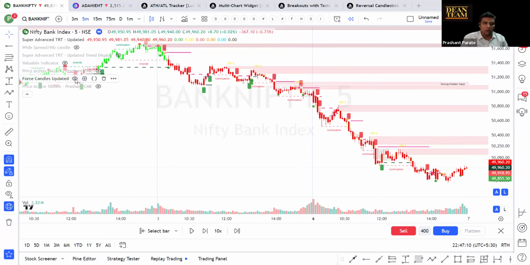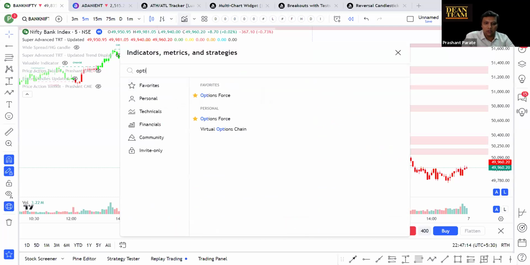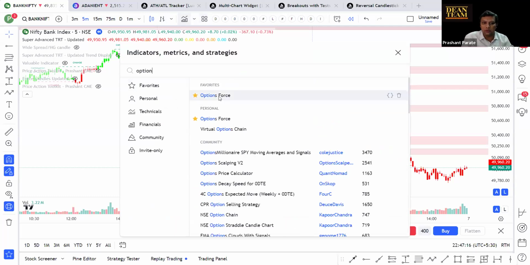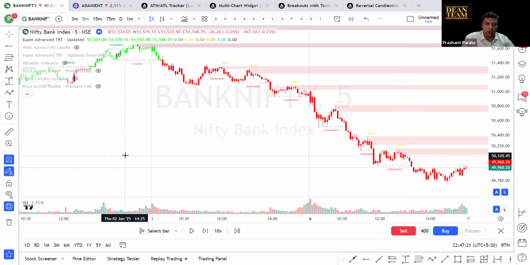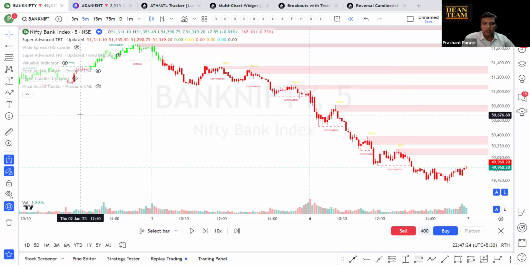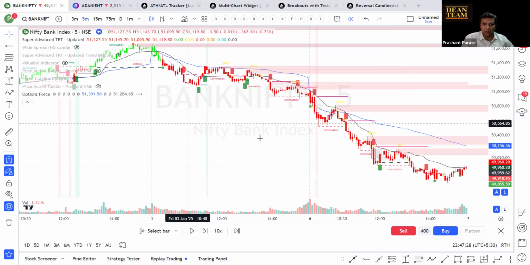I am going to give you one more tool which I am developing, options force. So I have added VWAP and some force and some more things. I'm still exploring this tool, and that's why I need your help in this.